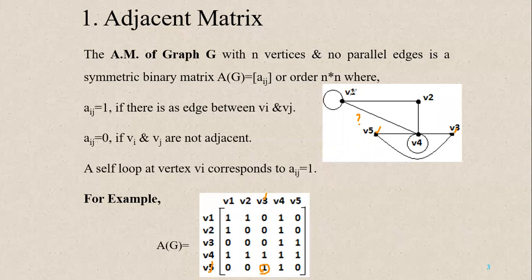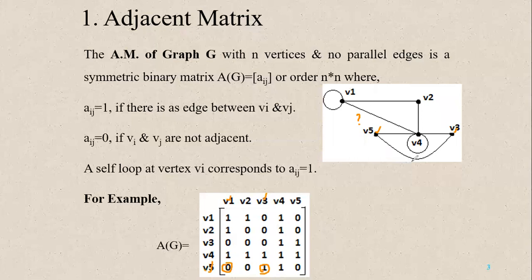Between V1 and V5 there is no edge, the vertices V1 and V5 are not adjacent. Therefore, the intersection of these two vertices is 0. Like that, we can make the matrix using these vertices and edges.